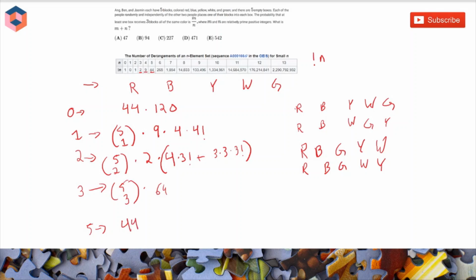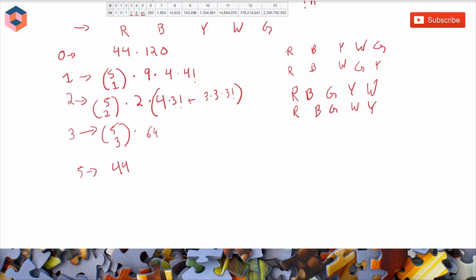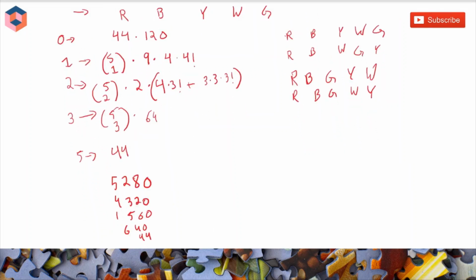Let's now do that. So I went ahead and cracked out the multiplication. You could do it on your own. It's not that extensive. And now let's add up all of these terms.